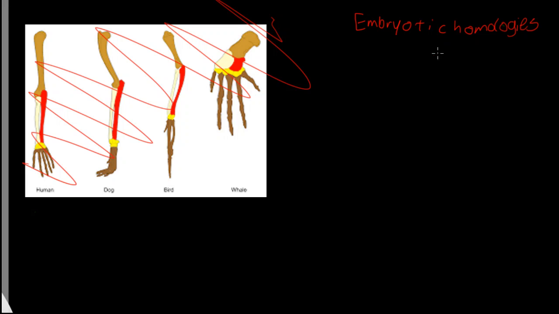These can show how different species can appear similar and may have a common ancestor whenever they're going through development in the early stages, when they're an embryo. So if they show similar traits, they may have a similar ancestor.